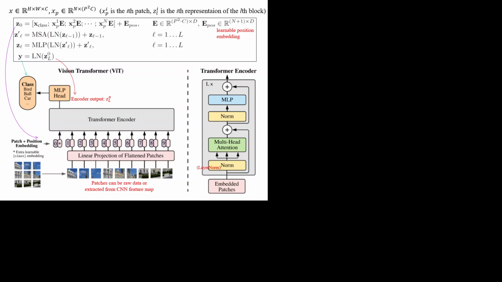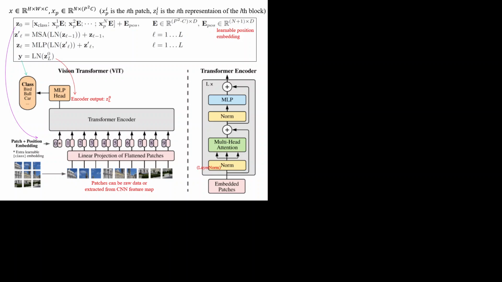Okay, and at the top is the mathematical expression for the whole process. They just express the flow in a mathematical form like this. So Z0 means your tokens. Z0 is actually x_class, which is this one.